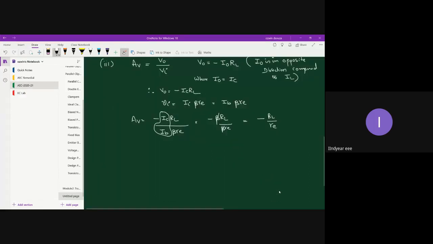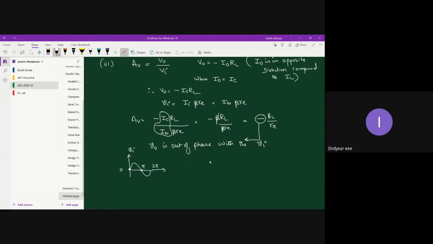Now, what's the meaning of this negative sign? The meaning of this negative sign is that the output is out of phase with the input. That means if your input is a positive going signal, let's say this is your input, so in the 0 to pi interval your input is positive going, and from pi to 2 pi interval your input is negative going.